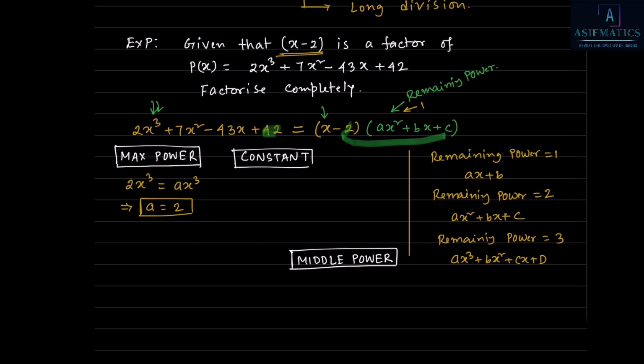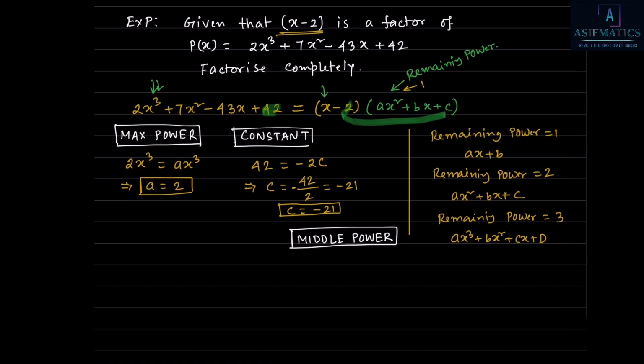So if we equate this, we can write the constant value: 42 equals minus 2c. From here we can write our c value is 42 by 2, minus, which is minus 21. So we get c equals minus 21.